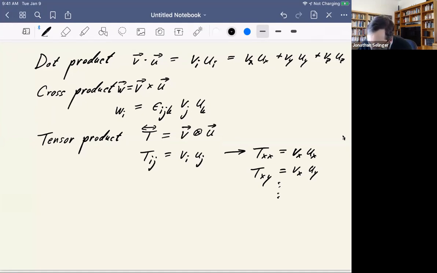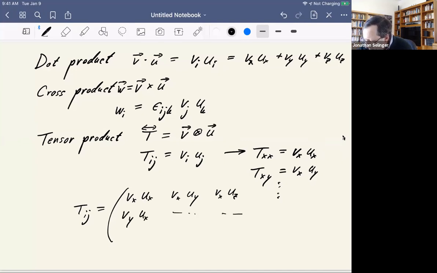Or if I want to write it out in an array, we could say that Tij is Vx Ux, Vx Uy, Vx Uz, Vy Ux, etc. Okay, so this is a third way of multiplying matrices, or excuse me, of multiplying vectors.